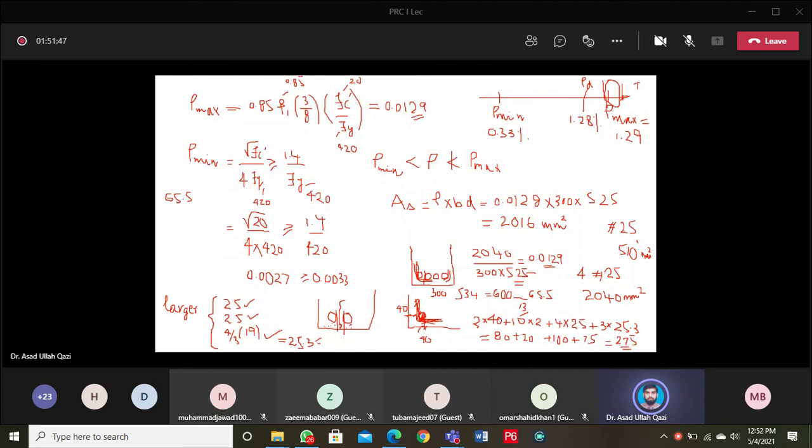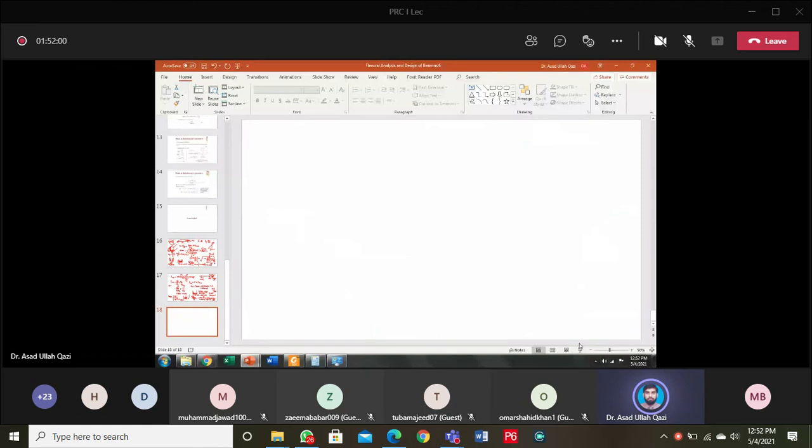your effective depth will even increase, and so strictly speaking, when I will sketch now with these selections, I will have 4 bars.